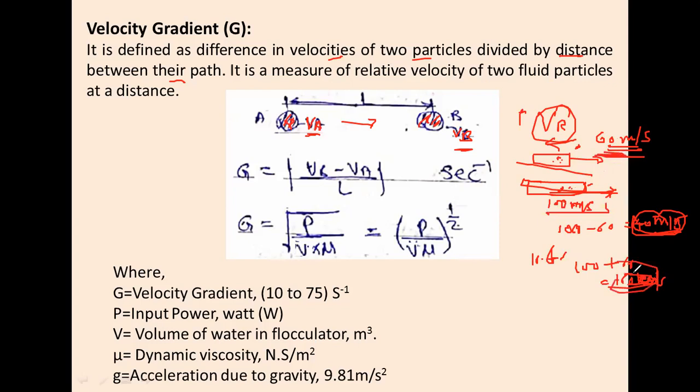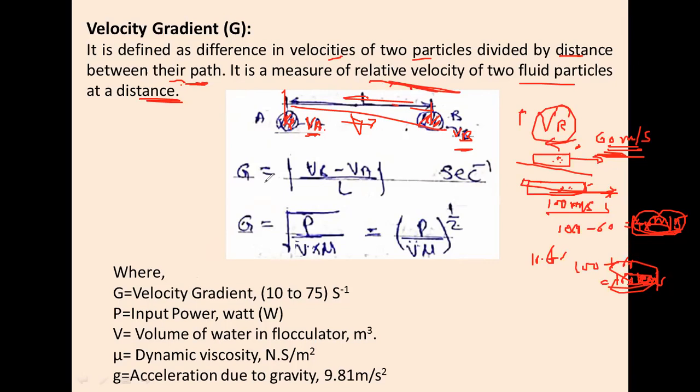So these velocities are called relative velocities. Here also, whatever difference we are considering is the relative velocity. The relative velocity divided by the distance between these two particles is called the velocity gradient, the difference in velocity of the two particles divided by the distance between their paths. It is a measure of the relative velocity of two fluid particles at a distance.